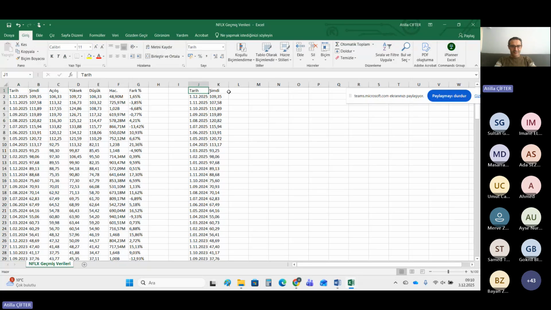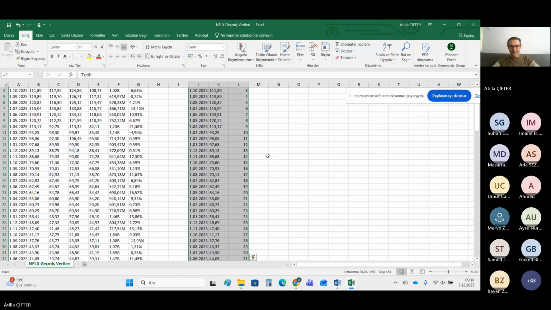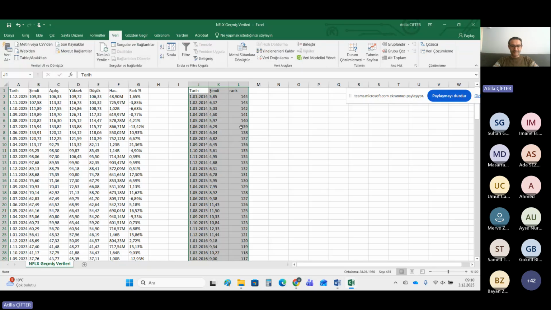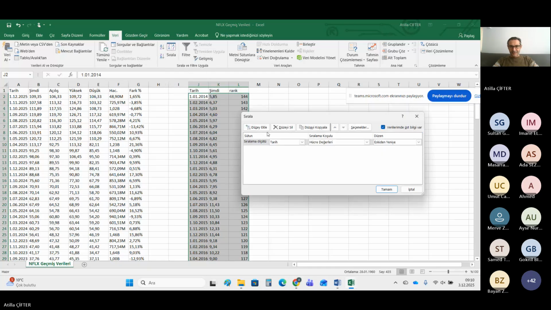Then I use the rank command from biggest to smaller, which is descending order.